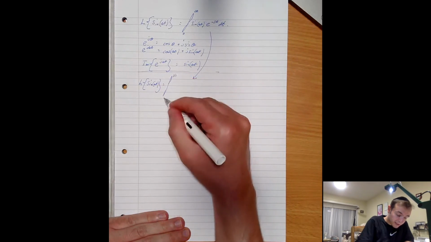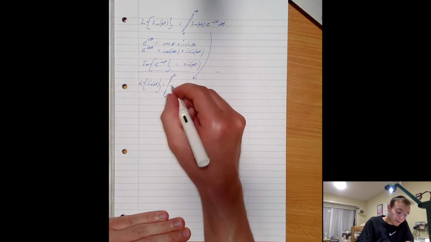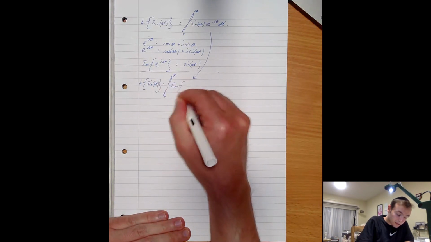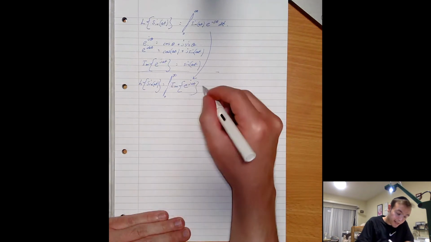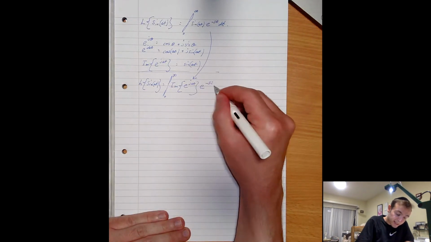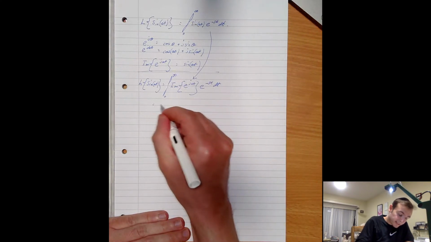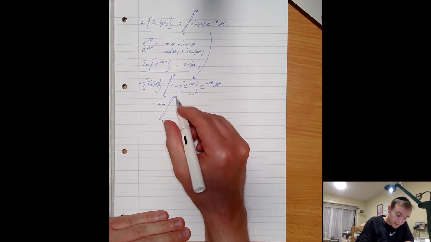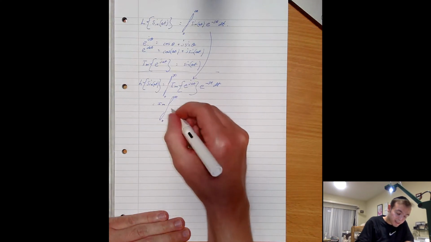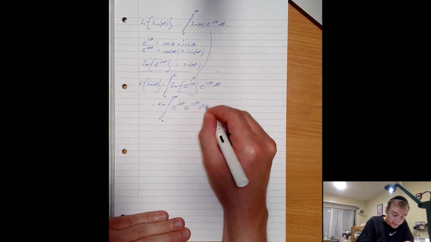So now we can say that the Laplace transform of sine at is simply going to be the semi-infinite integral of sine at. We know that sine at is just the imaginary part of e to the j at, times e to the minus st dt. So we can simplify this to say that this is just the imaginary part of the semi-infinite integral, defined from infinity to 0, of e to the j at, e to the minus st dt.